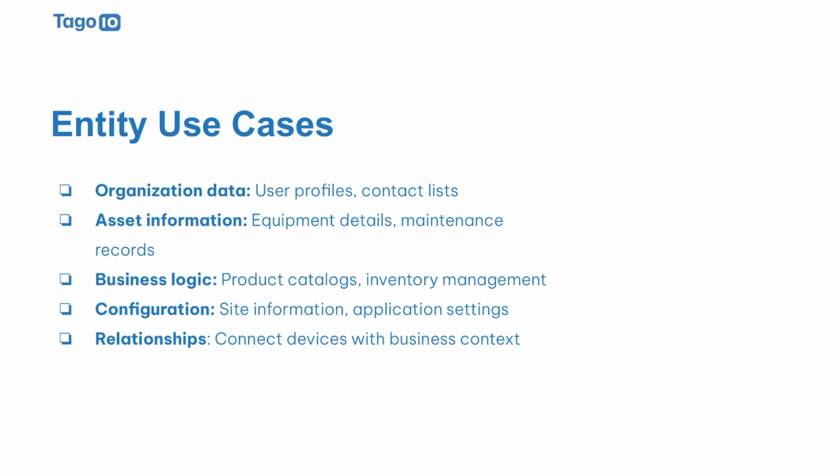Audit log, I still think audit log is going to be immutable device, because usually you don't want anyone to change the audit log. You want it to be immutable. But if you have a login system in your application, you may want to use entity. For business logic like product catalogs, inventory management, and also relationship.